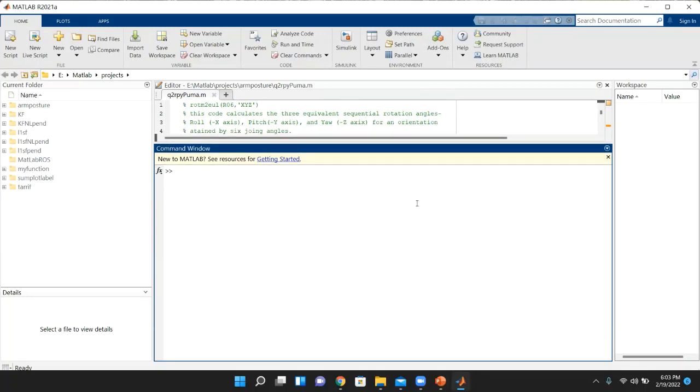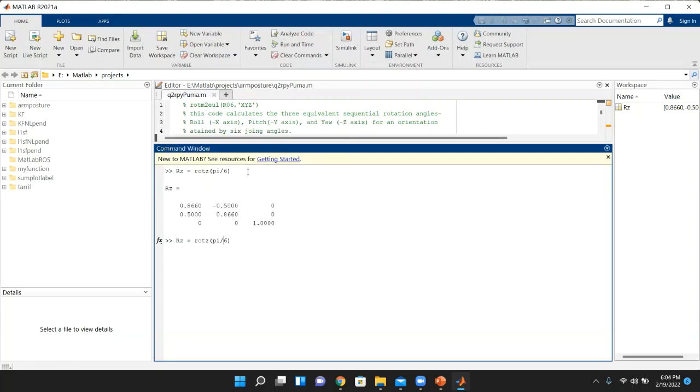You can write down, say, rot Z. The first one is rot Z, say some angle pi by 6. Let's give it a name, RZ, a rotation around Z axis by an angle pi over 6. So this is the result.